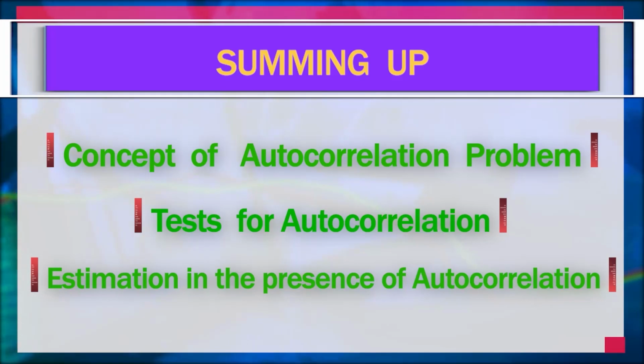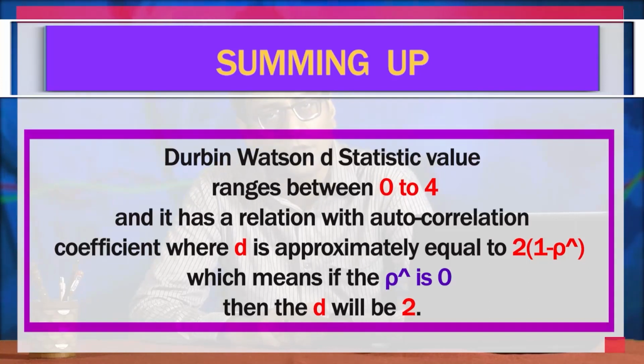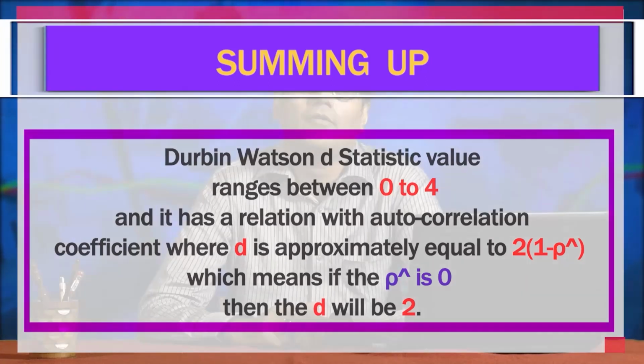And then we can go for detecting the problem in an inferential testing, which calls for the Durbin-Watson d-statistic. The Durbin-Watson d-statistic value ranges between 0 and 4, and it has a relation with the autocorrelation coefficient, where d is approximately equal to 2 into 1 minus rho hat, which means if rho hat is 0, then d will be 2.